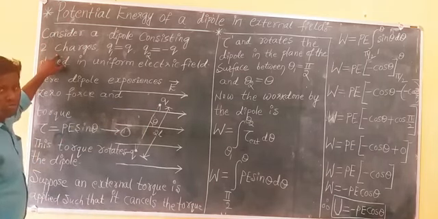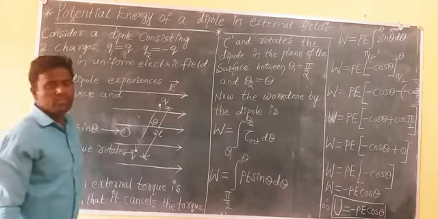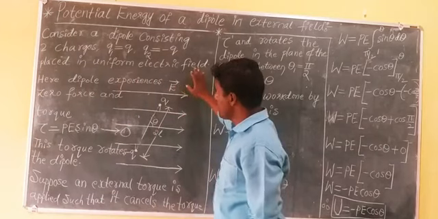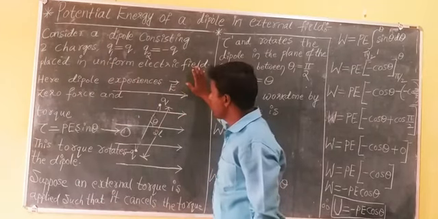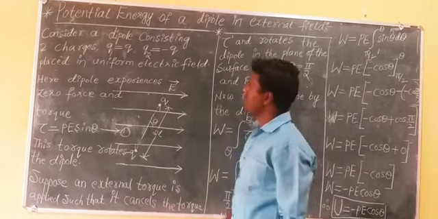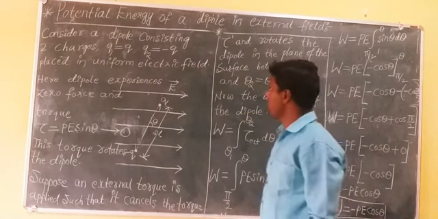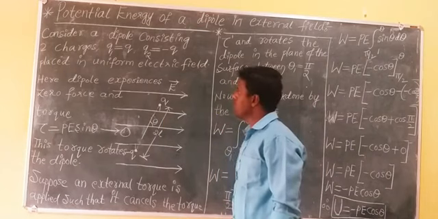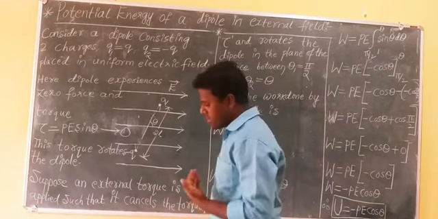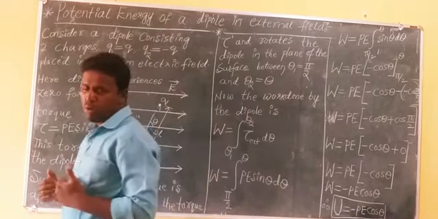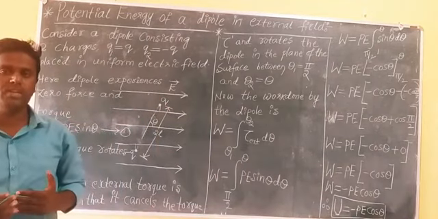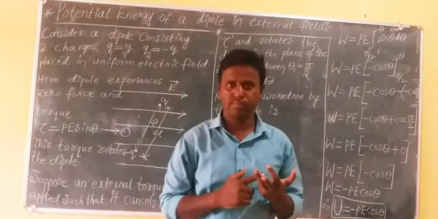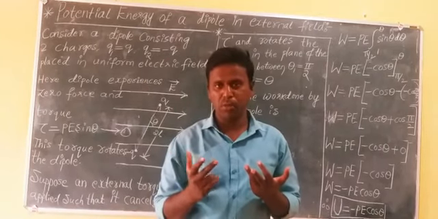Consider a dipole consisting of two charges. The first charge is Q and the second charge is minus Q, right? And remember, this electric dipole is placed in a uniform electric field. You know that whenever a dipole is placed in a uniform electric field, the dipole experiences zero force. Dipole means two equal and opposite charges.